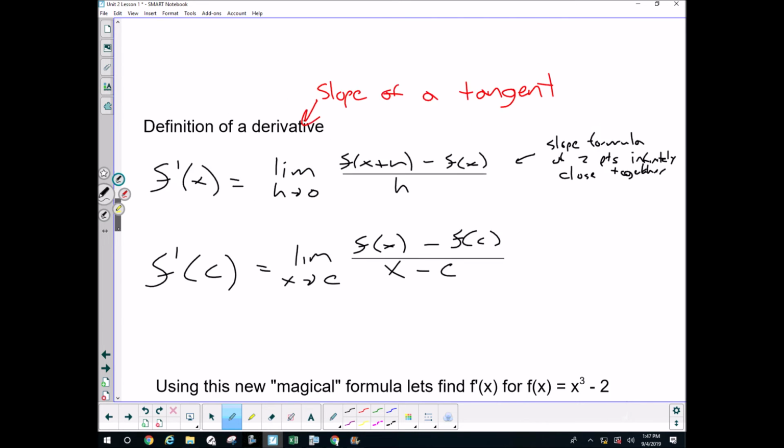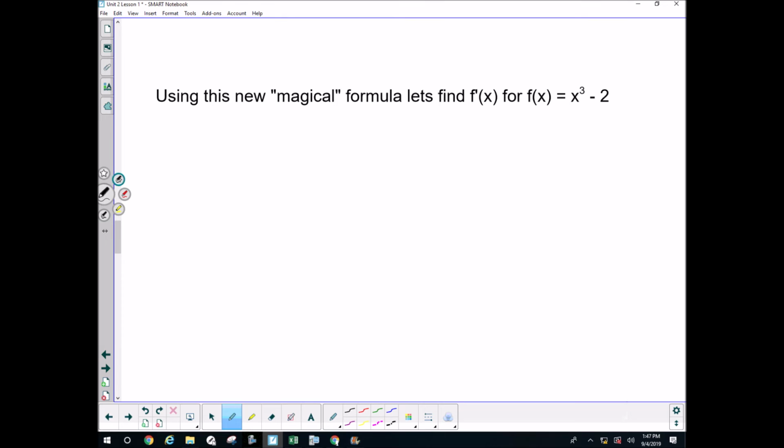All right, here we go. I'm going to find the equation for that parabola that we saw. I'm going to use the magical formula. So magical, they called it the definition of a derivative.